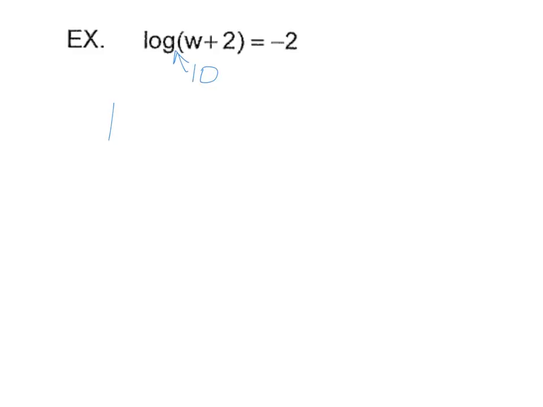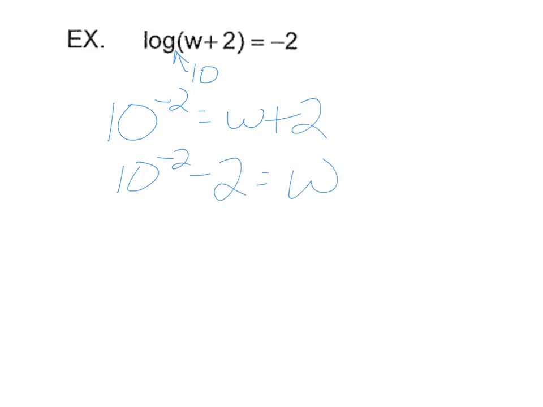So our little 10 grows up, becomes a big 10, and then the negative 2 and the w plus 2 switch sides. So we have 10 to the negative 2 equals w plus 2. Subtract 2 from both sides. Then that goes in the calculator, and it's negative 1.99. That one's hard to remember from time to time how to do it.